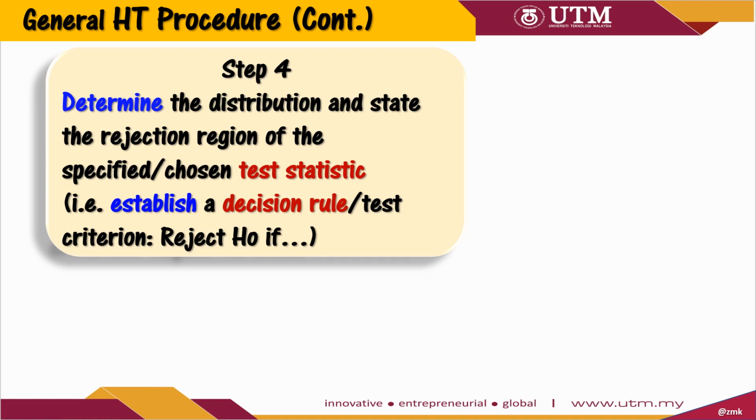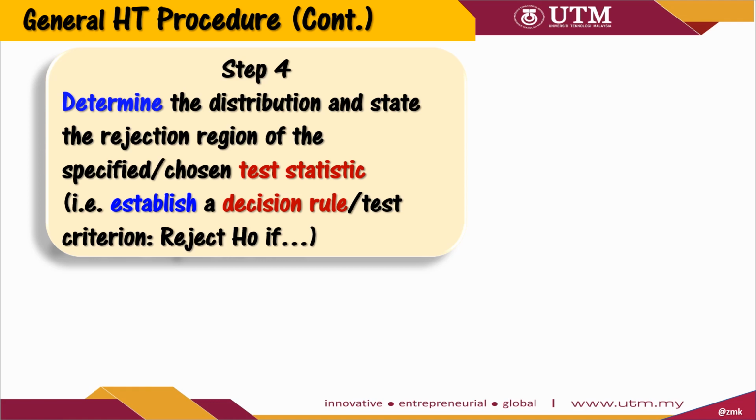However, if you have a two-sided test, then your decision rule will be reject H0 if the test statistic is less than a left critical value at alpha over 2, or if the test statistic is greater than a right critical value at alpha over 2. Please watch the first video again for clear illustrations.